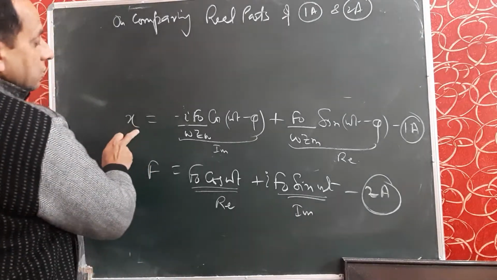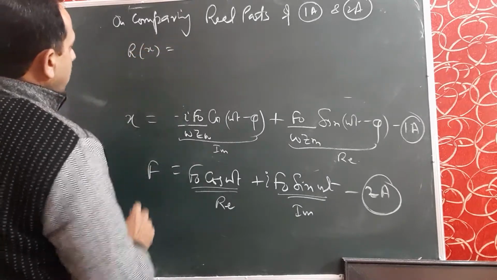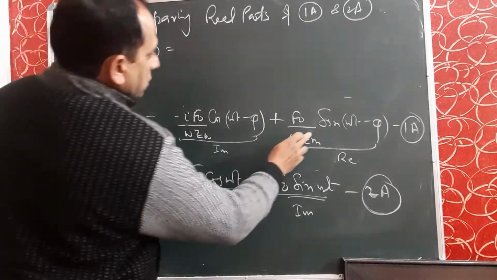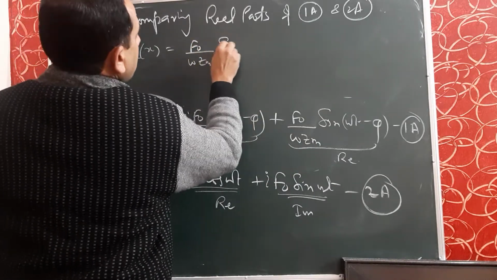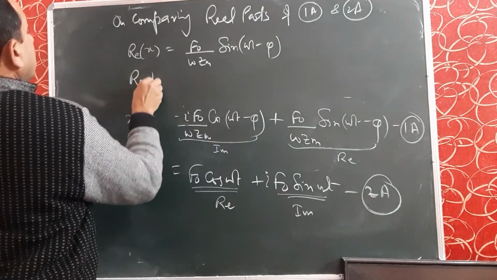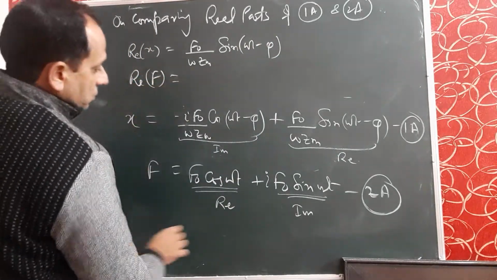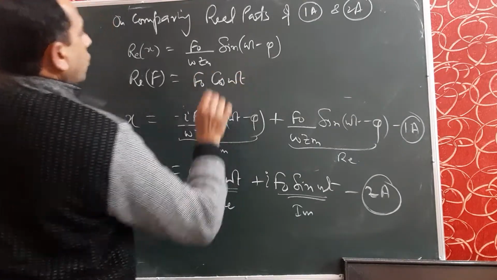Taking this real part, the real part of x, Re, is F naught over omega Zm into sine omega t minus phi, and the real part of force is F naught cos omega t.